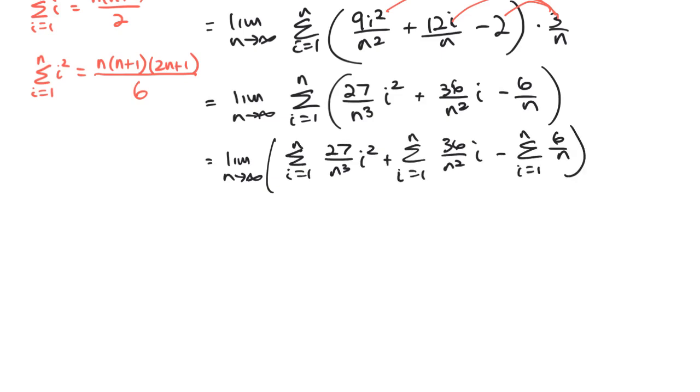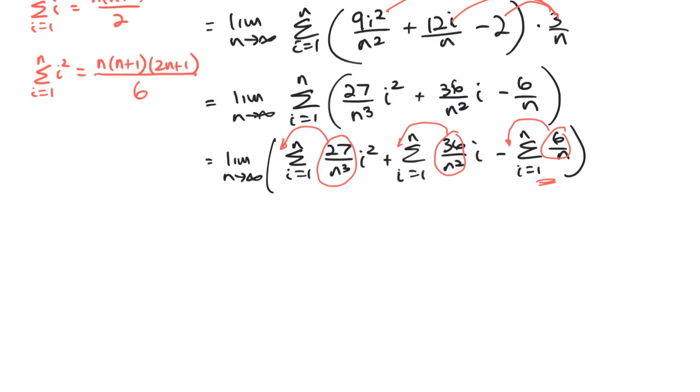Then, with these summations, since this term here, this 27 over n cubed, this factor actually, has nothing to do with I, we can move this out in front. So these things that don't have an I can go in front of this. And this even can go in front of this also. We'll have to figure out how to deal with this one in a second here.